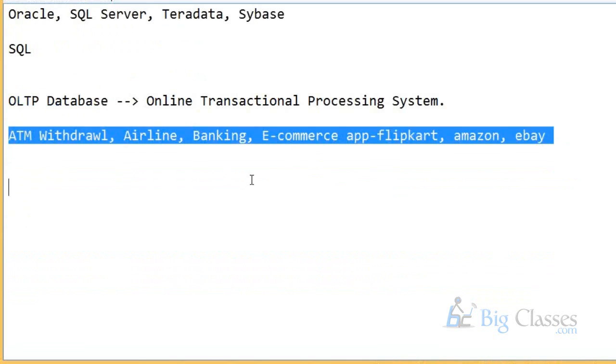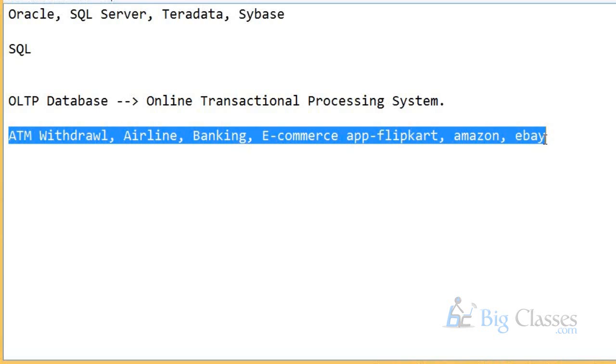These applications are called online transactional applications because very frequent transactions happen. In a banking application, transactions like crediting and debiting the amount happen very frequently on the OLTP systems.